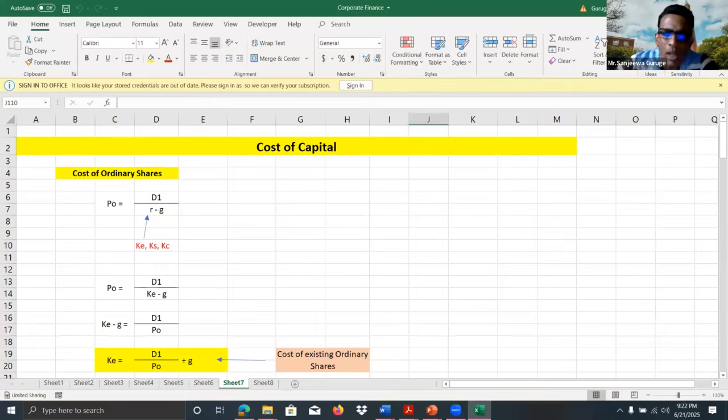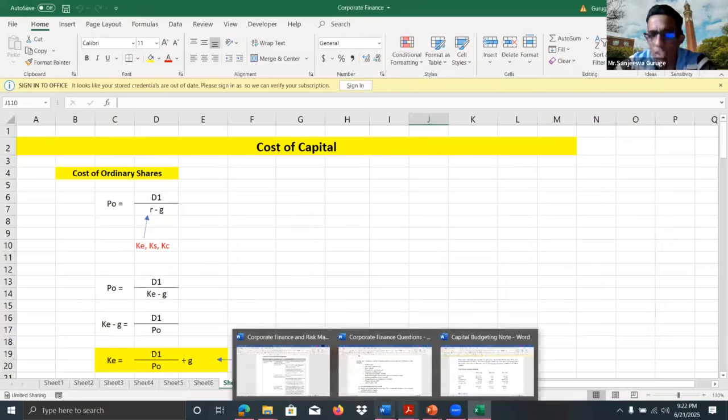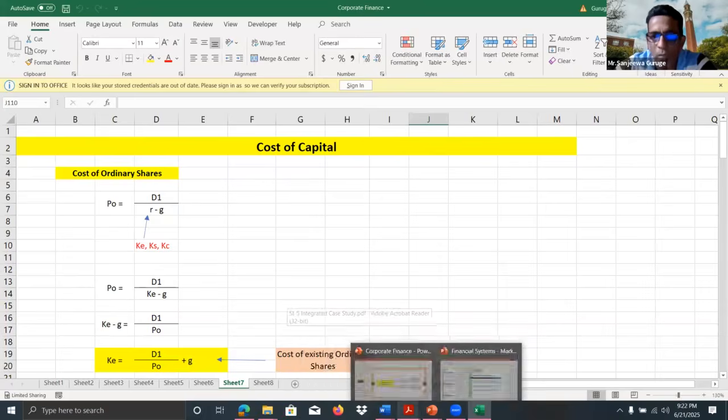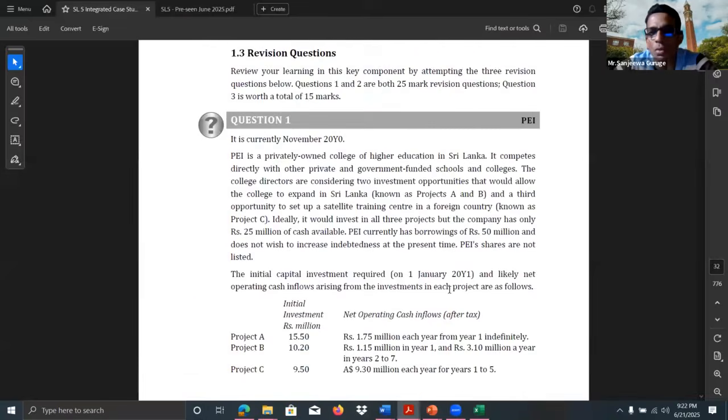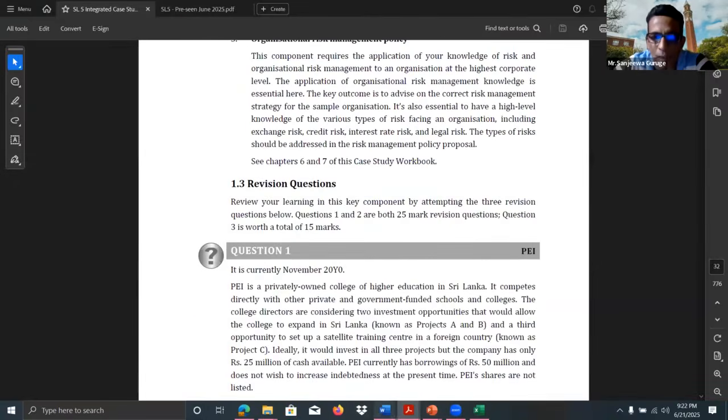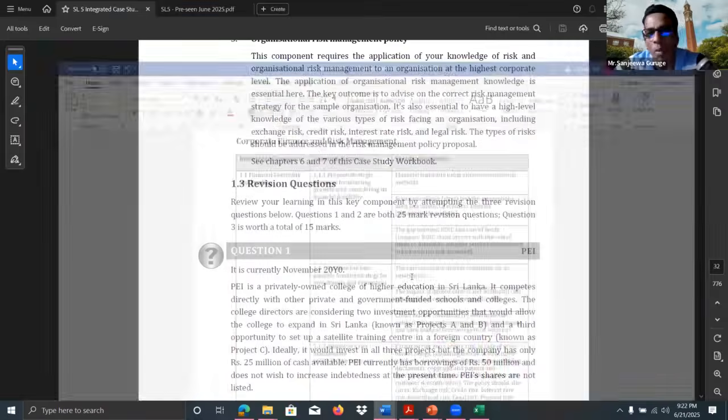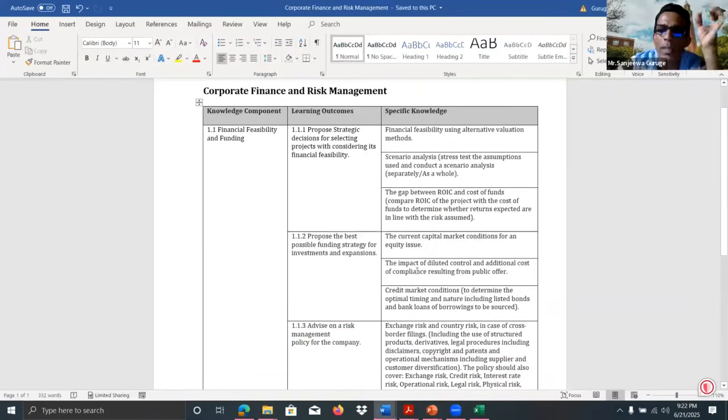And that's why, especially for this module, when we analyze the risk, one main risk has been specified in this module: the exchange risk, right?